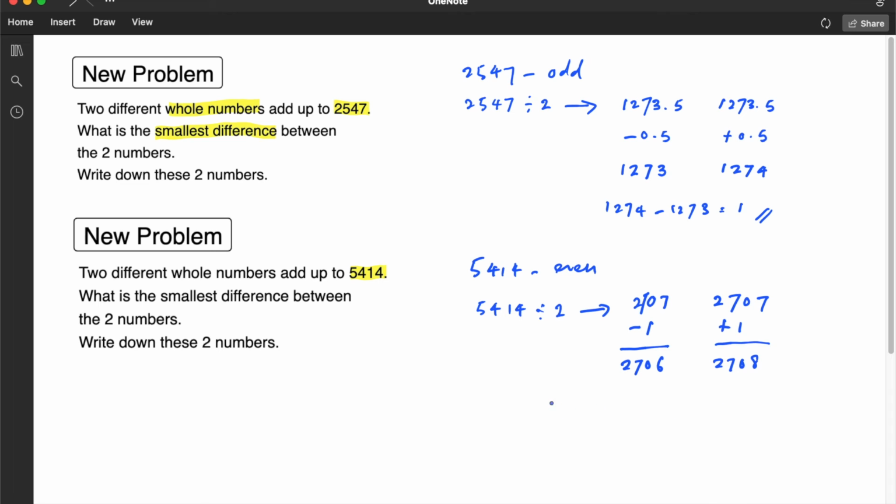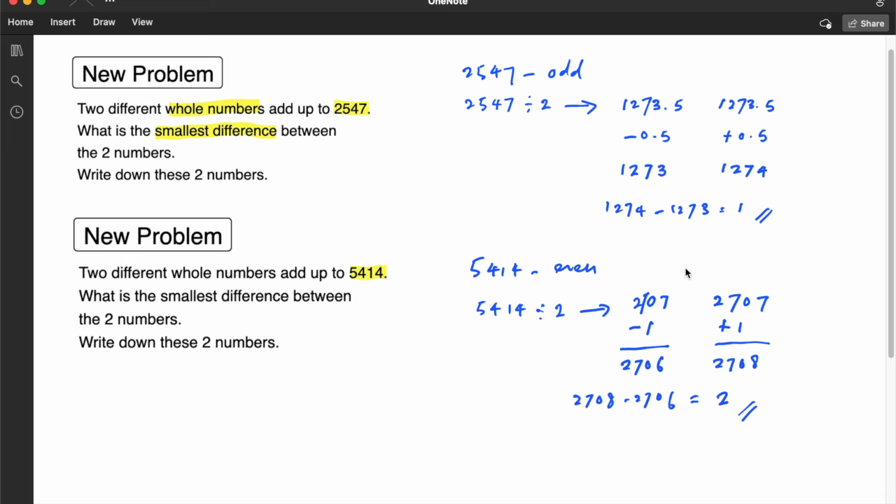So what is the difference between these two numbers? 2708 minus 2706, we're going to get 2. So in answering this question, there will be a difference. If the number is odd, the difference will be 1. If the number is even, the smallest difference will be 2 instead.